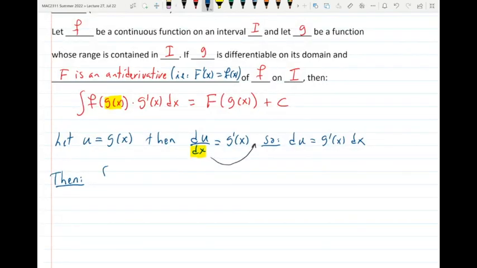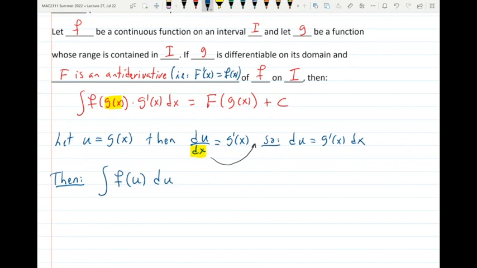Then we're going to obtain the integral of f of u, because g now is equal to u. Now the part that says g prime of x dx, that's just du, as we just figured out. Okay? And notice how the integral, just by looking at it, looks simpler, right?